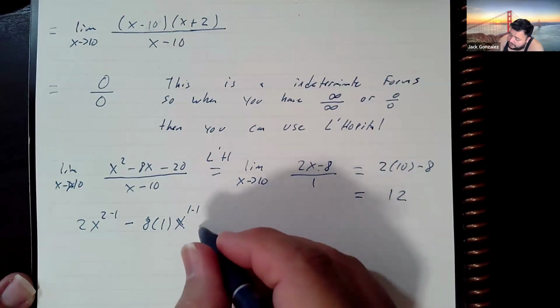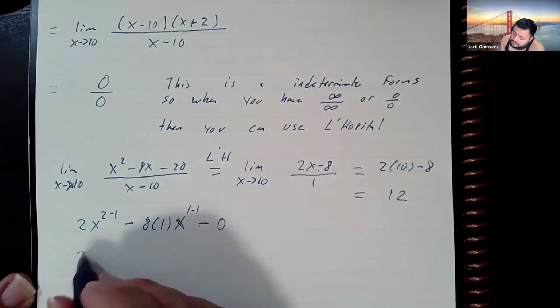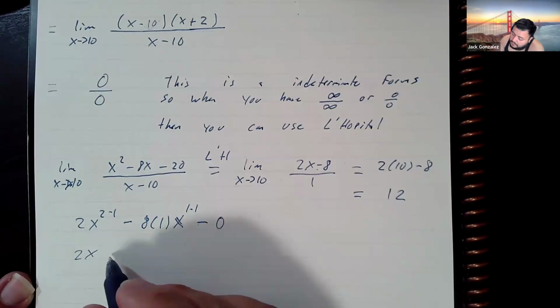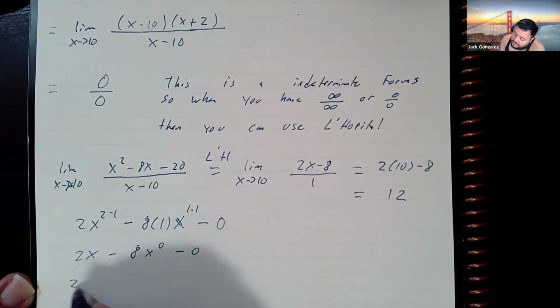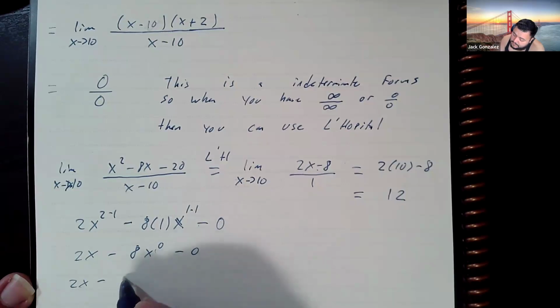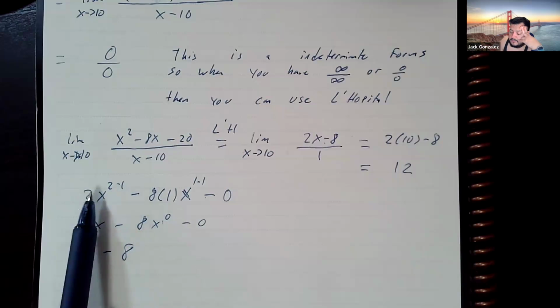And the derivative of any constant will always be 0. So this becomes 2x. This becomes 8 times x to the 0, minus 0. X to the 0 is a 1, so this ends up just being this. Okay. So all we're doing is power rules to every term.